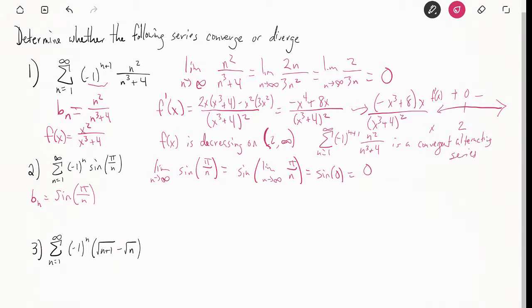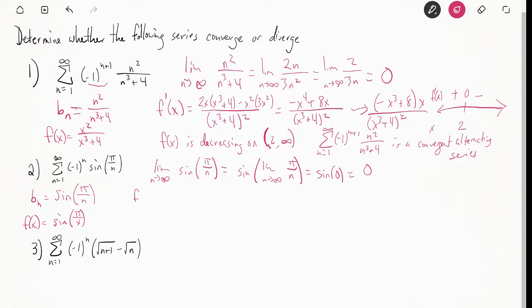So we're in good shape there. And moving forward, what do we see? Well, we can compare b sub n and b sub n plus 1, but if you wanted to, we can let f of x equals sine of pi over x.